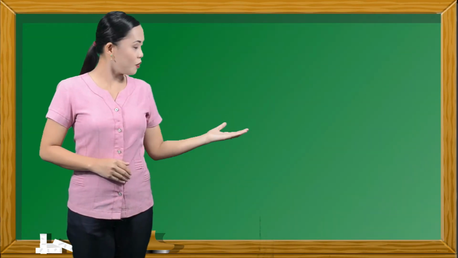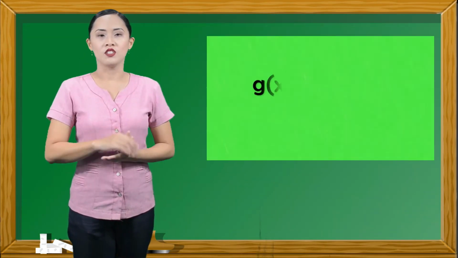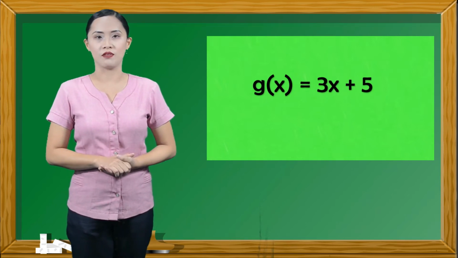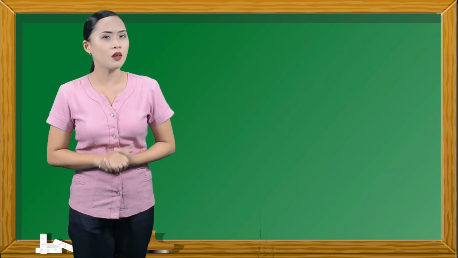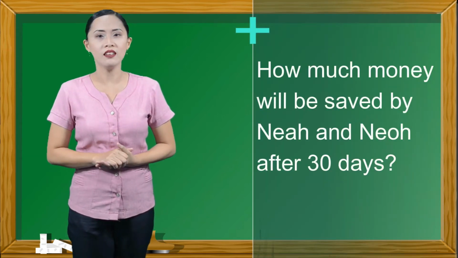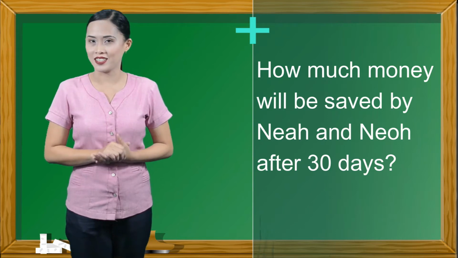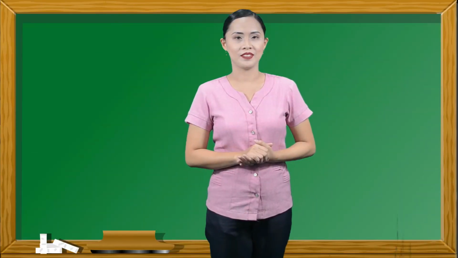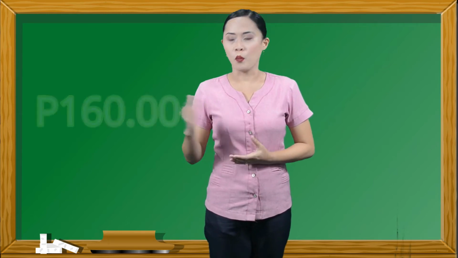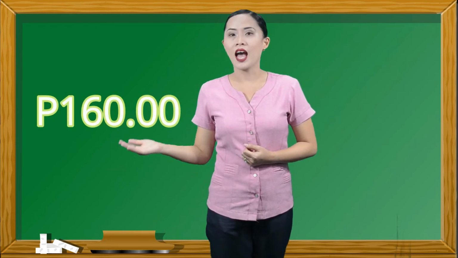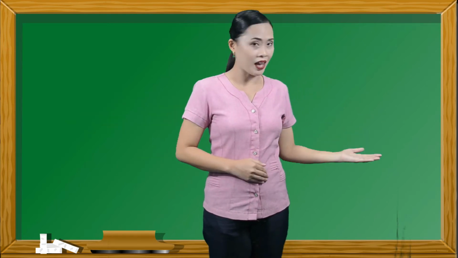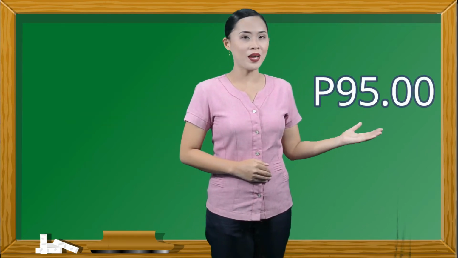And for Neo, we have g of x equals 3x plus 5. So, how much money will be saved by Nea and Neo after 30 days? Yes, Nea will have 160 pesos after 30 days, and Neo will have 95 pesos.